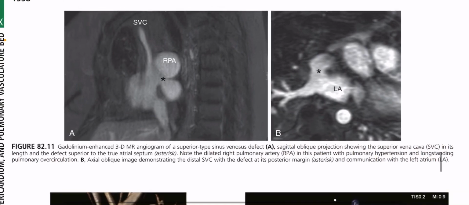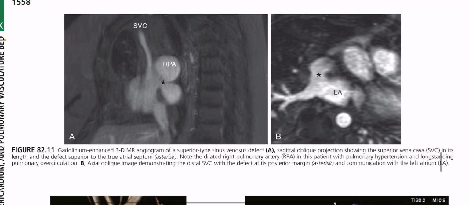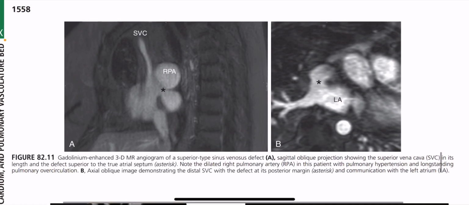The figure shows gadolinium enhanced 3D MR angiogram of a superior type sinus venosus defect. A, Sagittal oblique projection showing the superior vena cava in its length and the defect superior to the true atrial septum, asterisk.